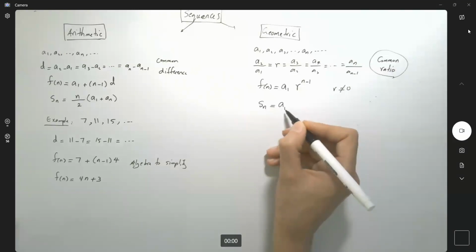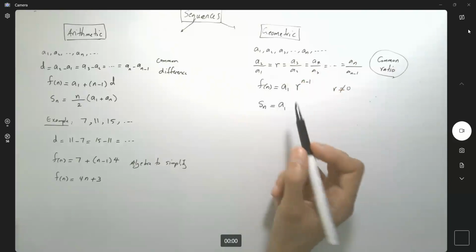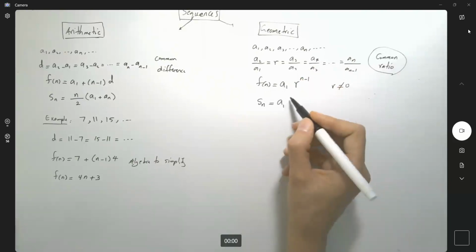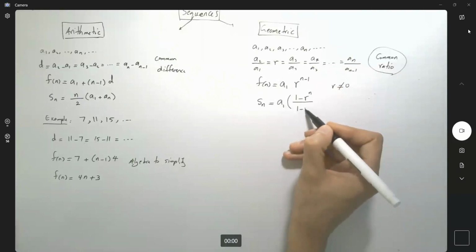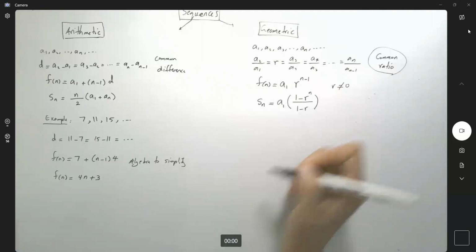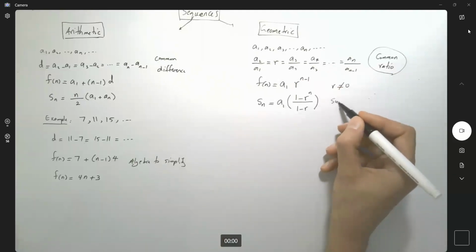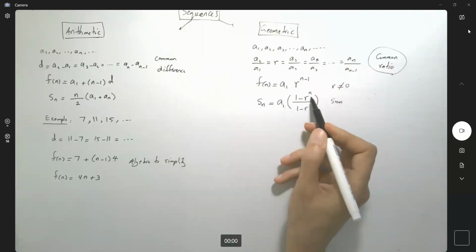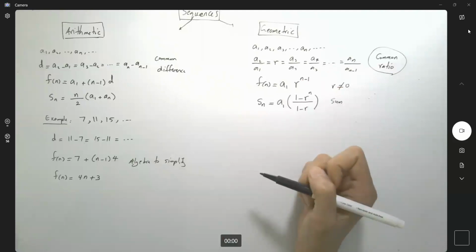It can be 1, it can be 2, it can be any number. That depends on the sequence that you have. Multiplied by what? Multiplied by (1 minus r to the n) divided by (1 minus r). So this is the formula to find the sum of the first n terms of your geometric sequence.